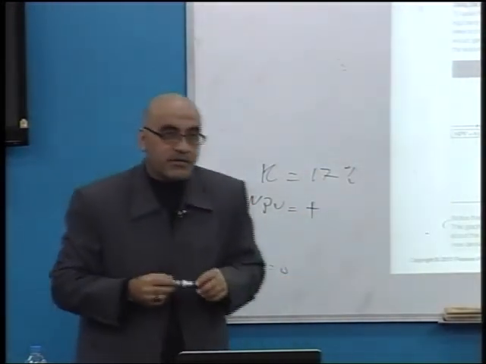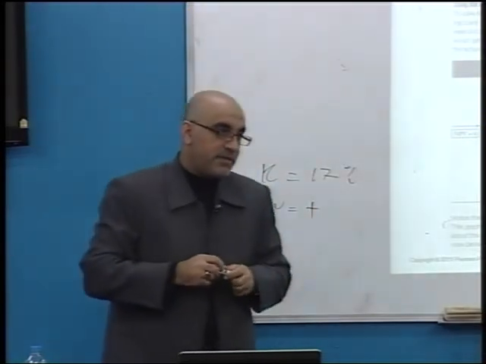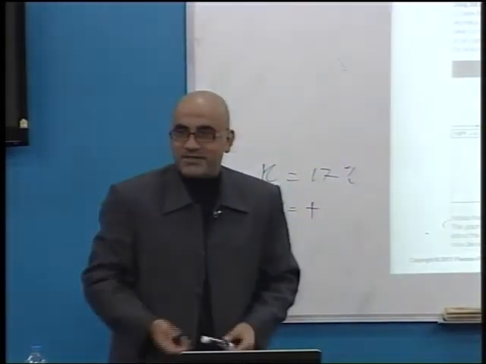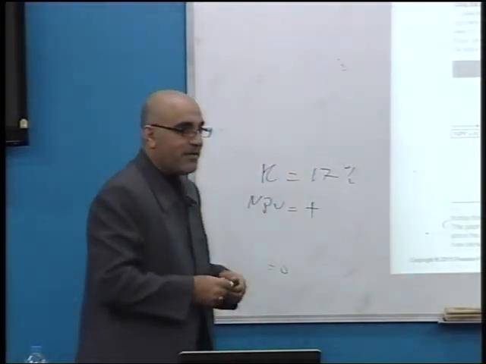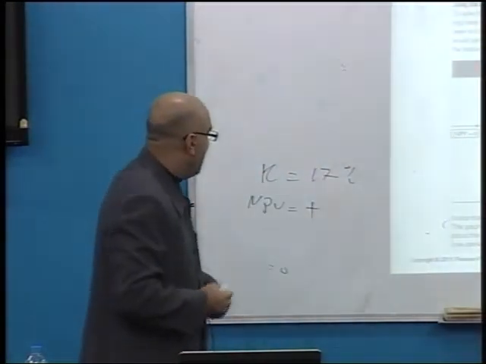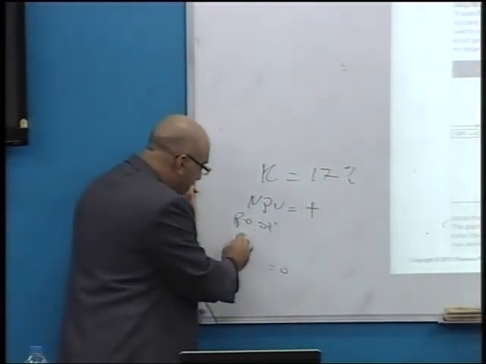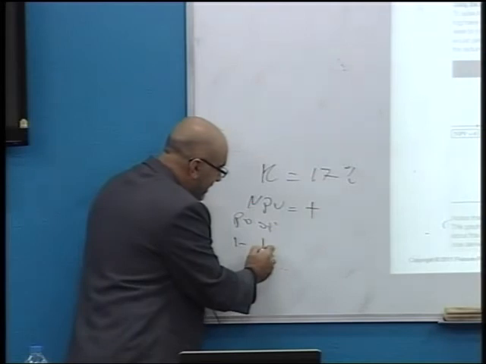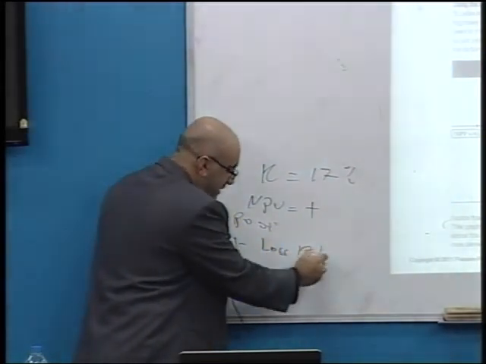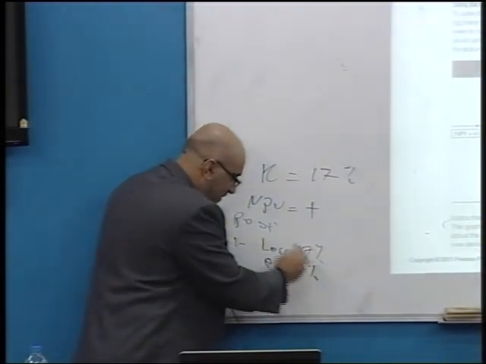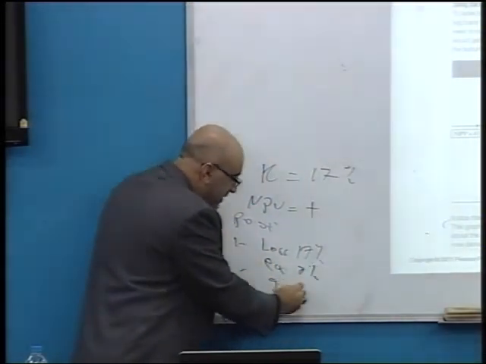What do you think the IRR is? Greater than 17%? Yes, definitely yes. You don't even need to do calculations. Okay? It's greater than. So the possibilities for IRR: it is less than 17%, it is equal to 17%, or it is greater than 17%.